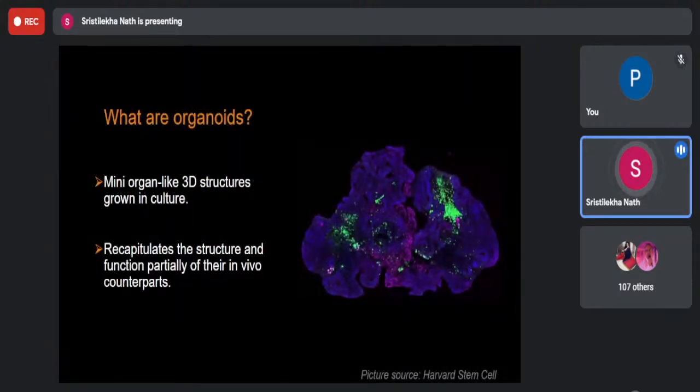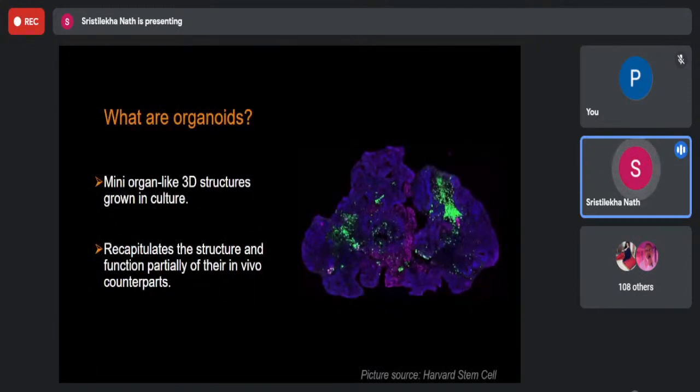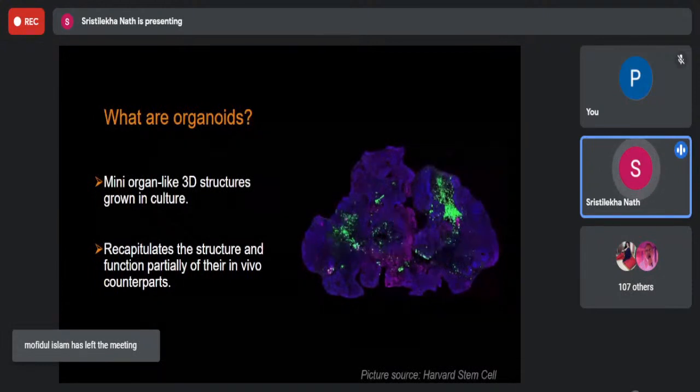On the right hand side of the slide, you can see a beautiful picture of a fluorescently tagged section. This is actually a section of a human brain organoid. The different colors in different regions define the regional identity of the cerebral tissue.